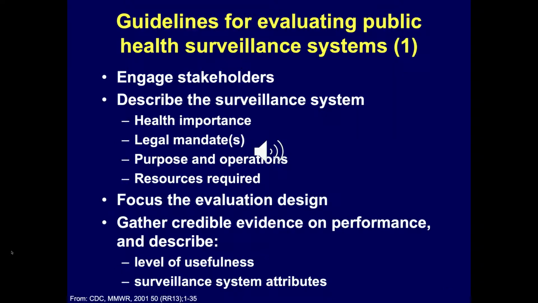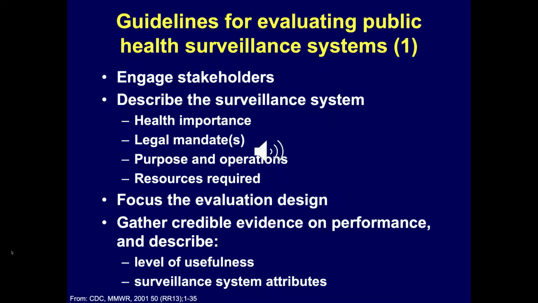As you saw in your readings, there are some very detailed guidelines for the process of evaluating public health surveillance systems, and we'll be going through these in detail for this session, beginning with the process of engaging stakeholders, and then describing the surveillance system, including some details around the health importance, its legal mandates, the purpose and operations of the system, and the resources required to operate and maintain it.